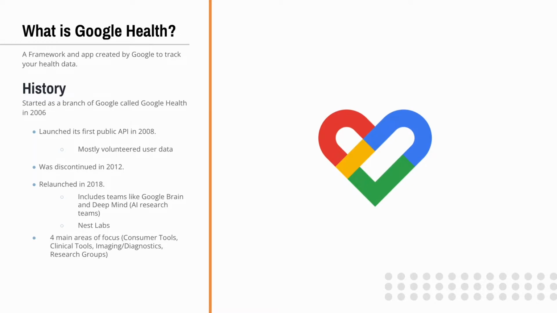It even includes Nest Labs, which is the Google Nest, their home Amazon Echo kind of ecosystem. So any of that data that you can take from a wearable and things like that all goes into all of this IoT health data. And there are 4 main focus areas for Google Health: consumer tools, clinical tools, imaging and diagnostics, and research groups.